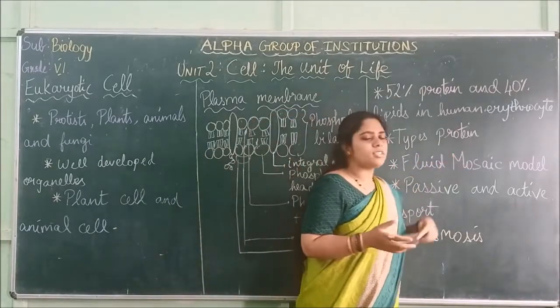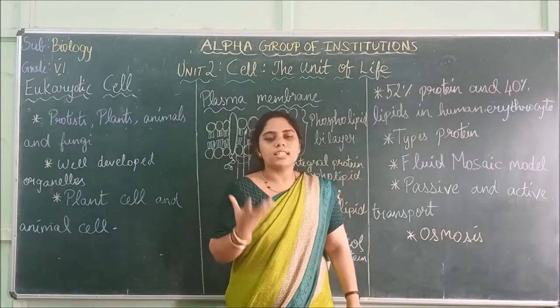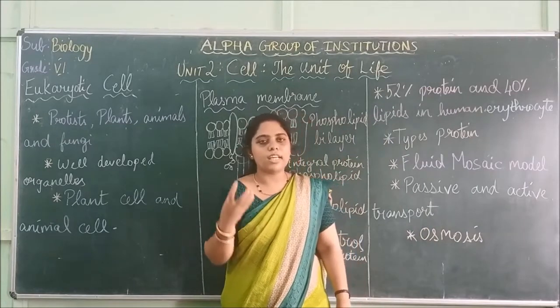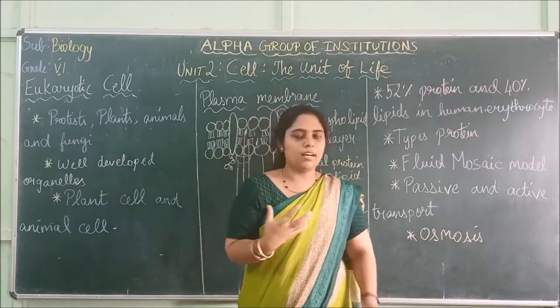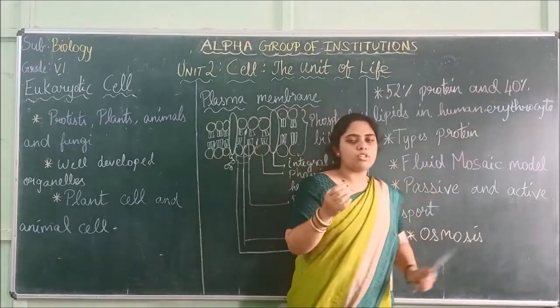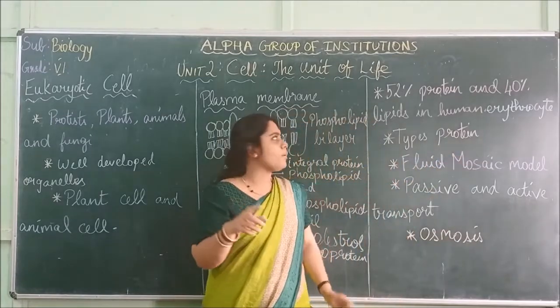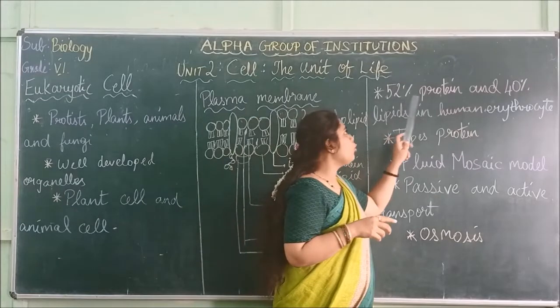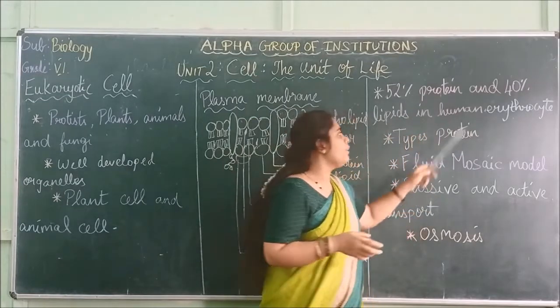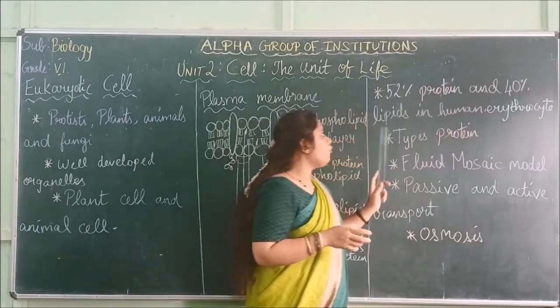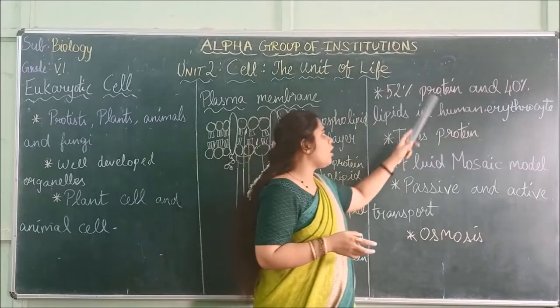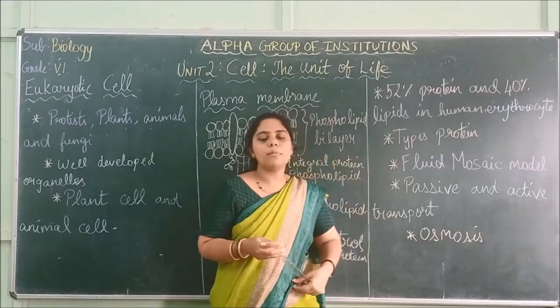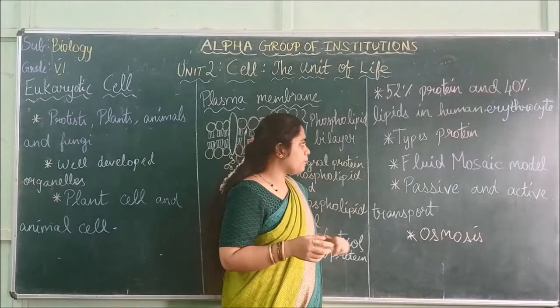Human erythrocytes are the red blood cells, the RBC, which make the blood red in color. In the human erythrocyte, the plasma membrane is made up of 52% protein and 40% lipids. This is the composition of the human erythrocyte plasma membrane.